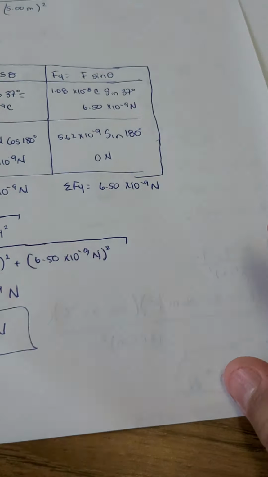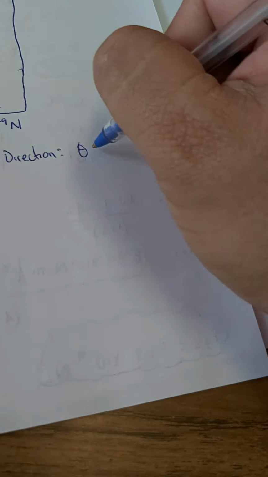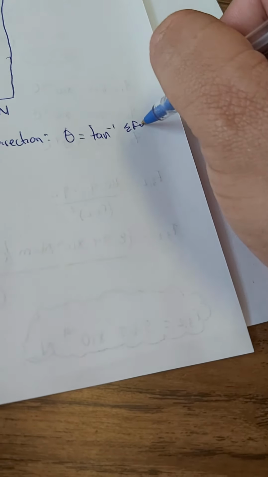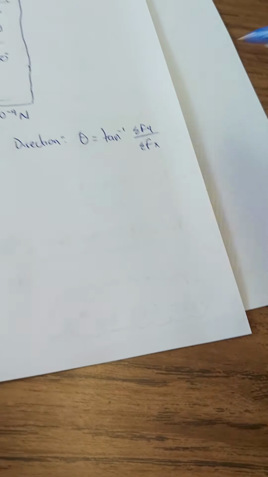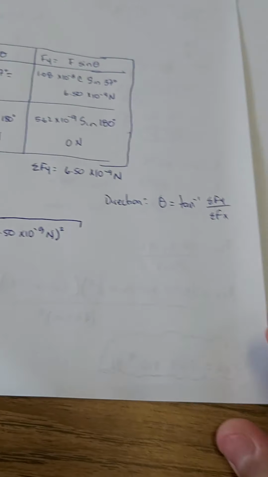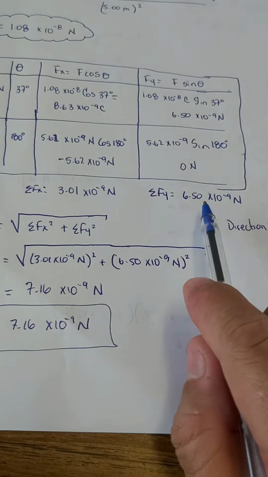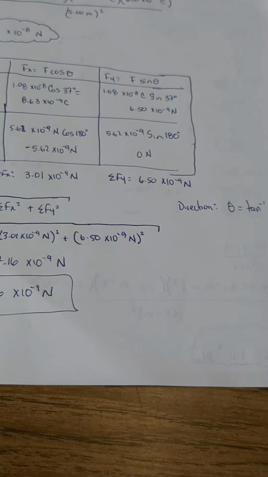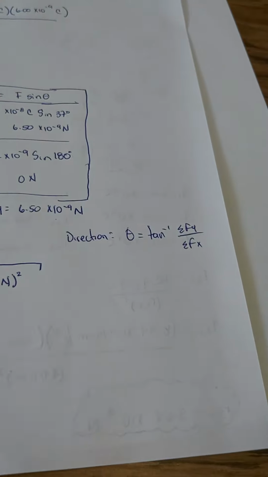Okay? Now how do we find direction? Direction will be theta equals the arctangent of the summation of Fy over the summation of Fx. Notice, x is positive, y is positive, so our resultant must be in quadrant 1.